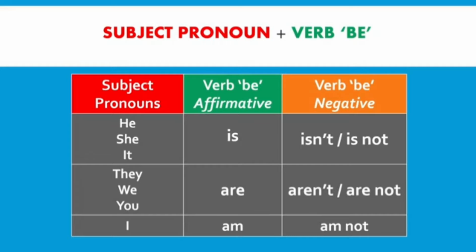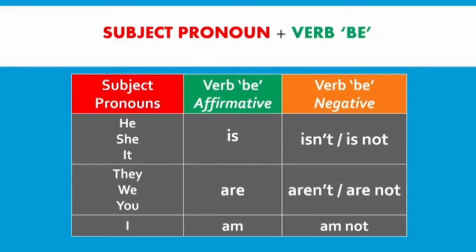That is why when there is a yes, we say is for he, she, and it. And if it's a no for he, she, and it, then we use is not, or in short form, we call it as isn't.